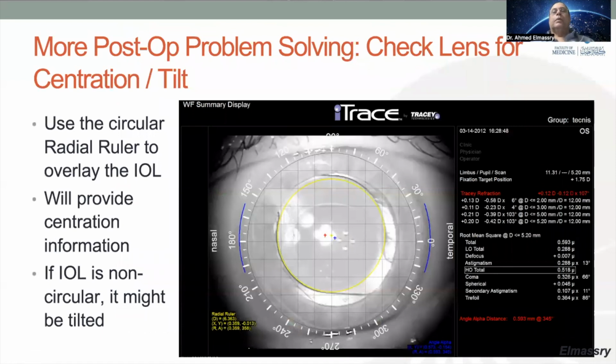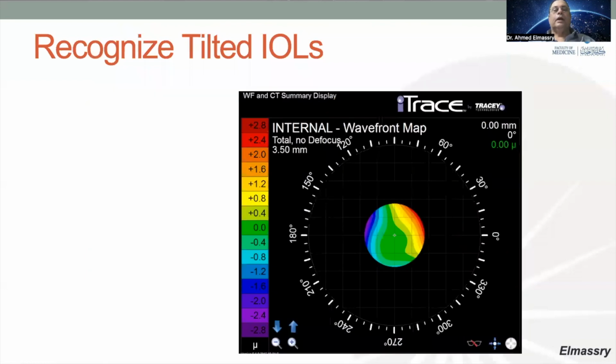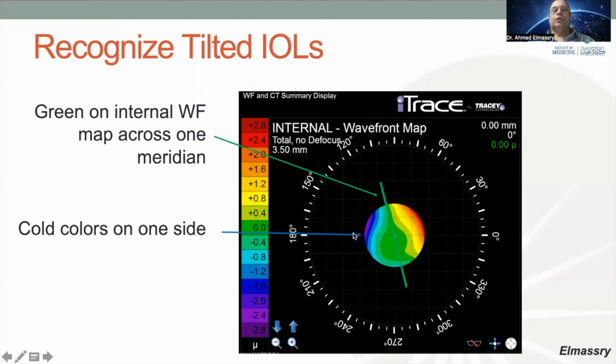More problems can be solved with the Eye Trace, even the tilt of the intraocular lens, using these rulers to see whether the IOL is centered or not, and whether the IOL is tilted or not. The green line means it's in the center, the blue line means it's shifted to one side, and the red line means it's shifted to the other side.